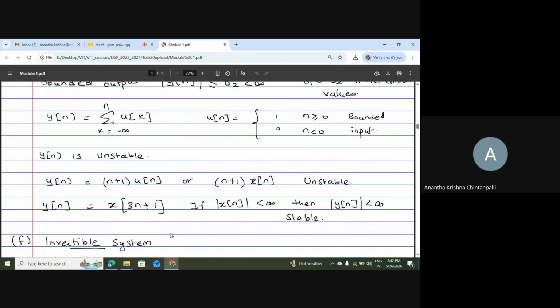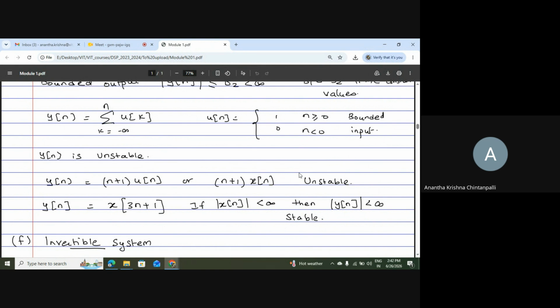Now, if I change the u of n to x of n, so n plus 1 times x of n. Here x of n is not a part of some basic definition of an elementary signal like u of n. If x of n is there, you have to assume that the input is bounded. So you can argue, why, sir?